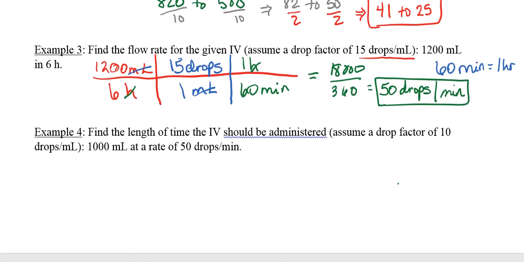Okay, our last one. Find the length of time that IV should be administered. Assume a drop factor of 10 drops per milliliter, 1,000 milliliters at a rate of 50 drops per minute. So this is saying how long is it going to take them to get through the bag. So we have 1,000 milliliters.